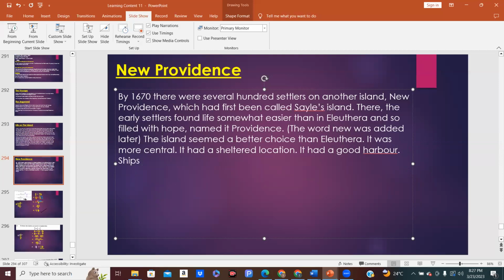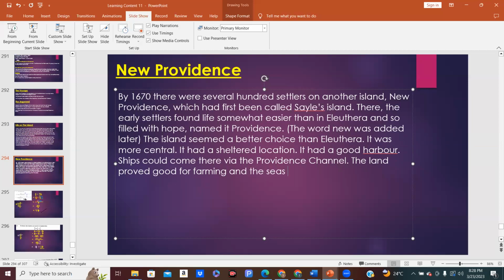Ships could come there via the Providence Channel. The land proved good for farming, and the seas were good for fishing.